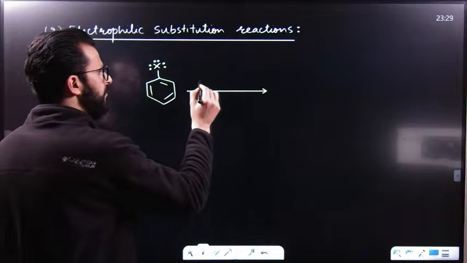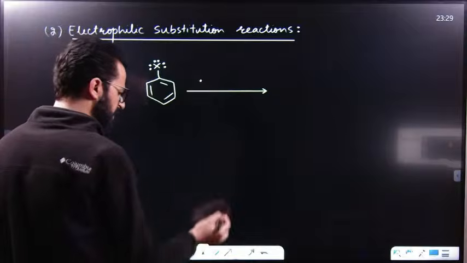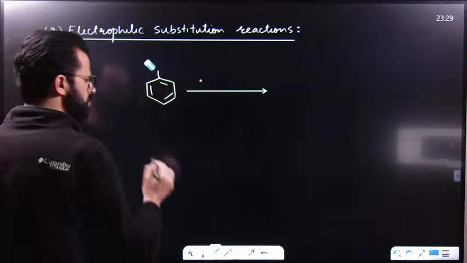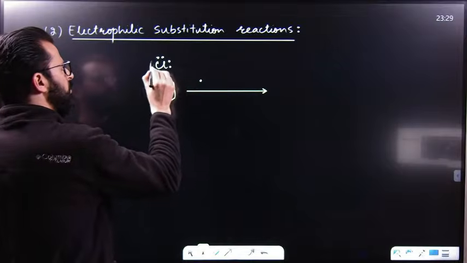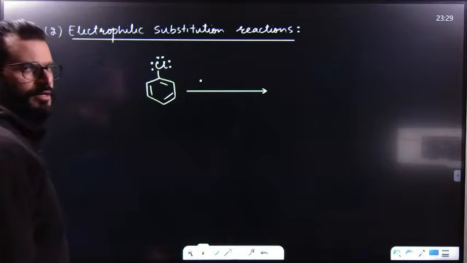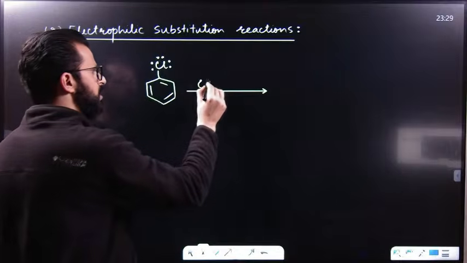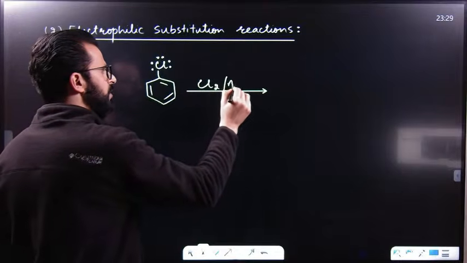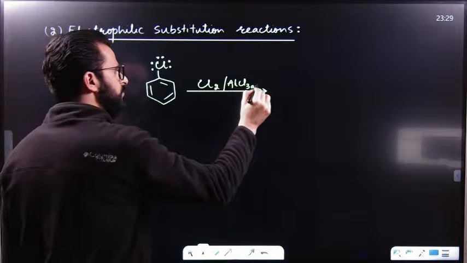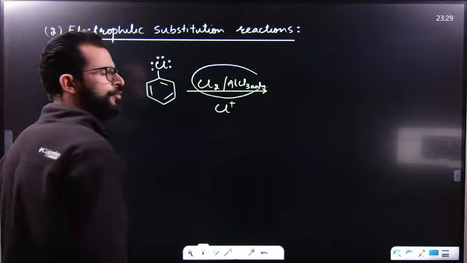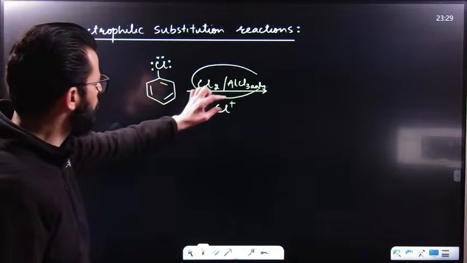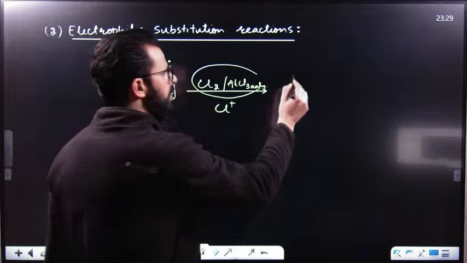Suppose you are having first chlorination. Say for example, if I use chlorine over here, because X can be chlorine or bromine. Generally we use chlorine or bromine. So if I use Cl2 in presence of anhydrous AlCl3, remember this will form chloronium ion as an electrophile. So chloronium ion goes to either ortho or para position.